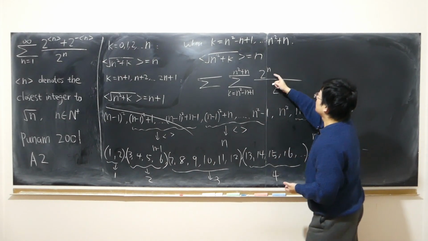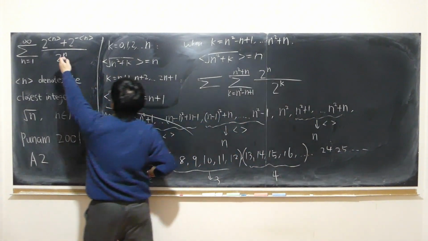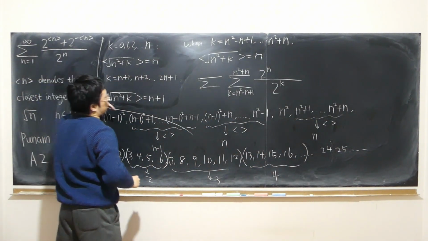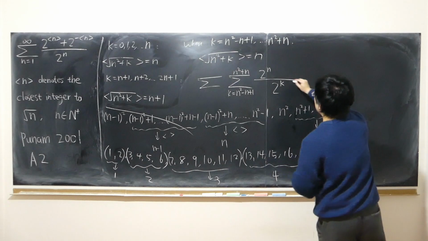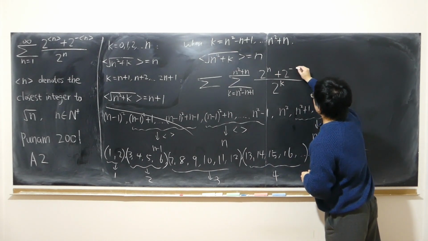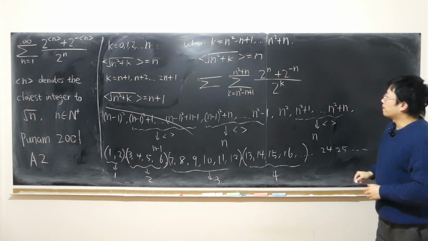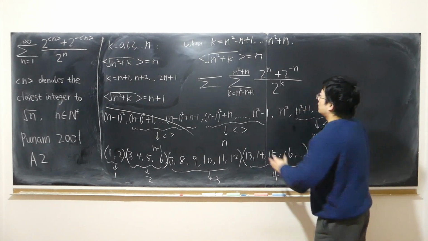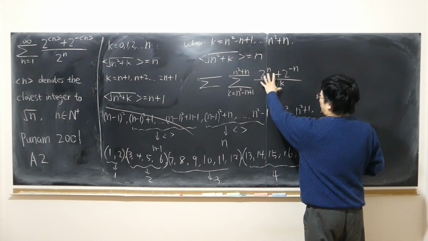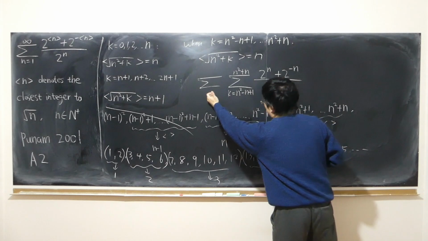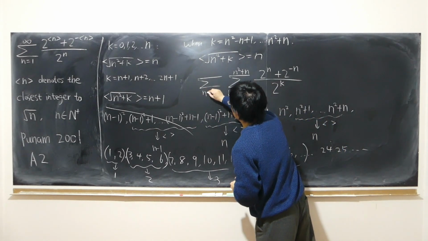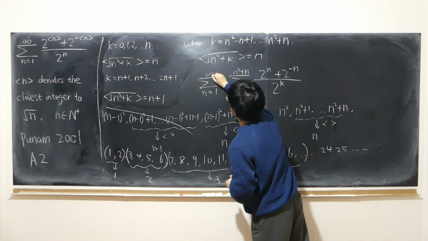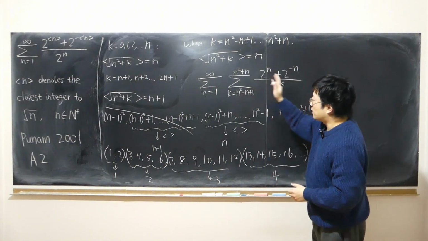That's its closest integer to the square root of k. It is always n. So 2 to the negative n, it's just k that is changing. So here, first we fix n, then we sum with regard to n from 1 to infinity, right? That's the outer sum.